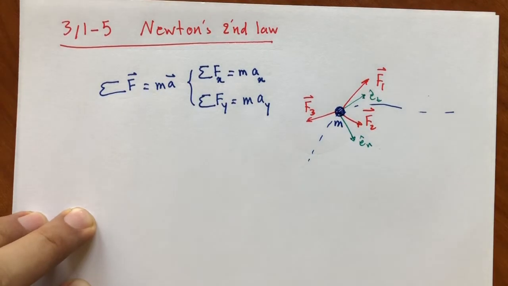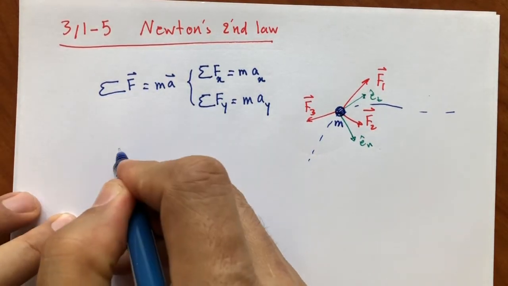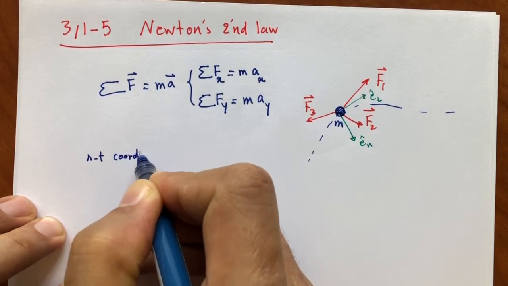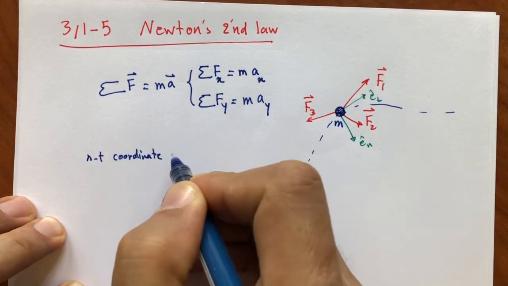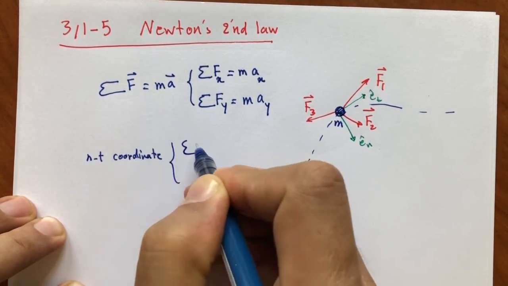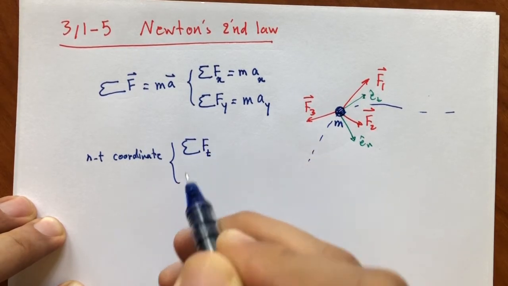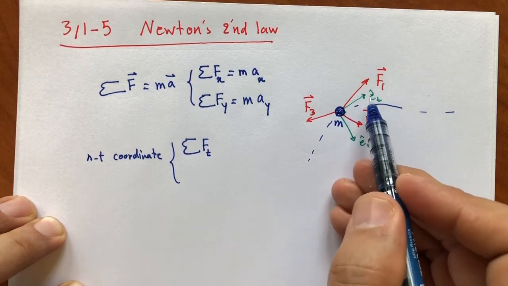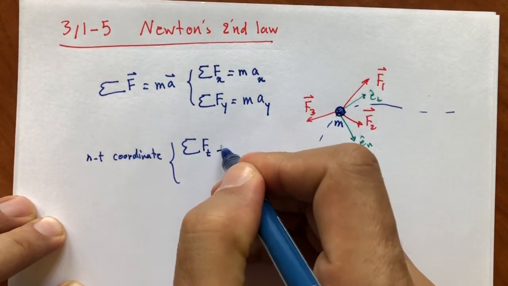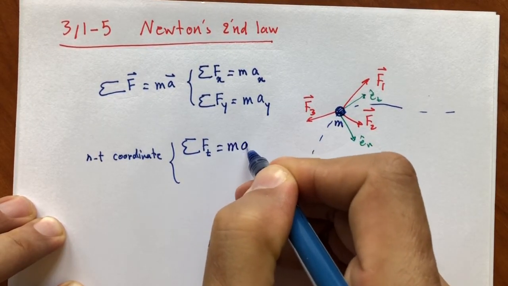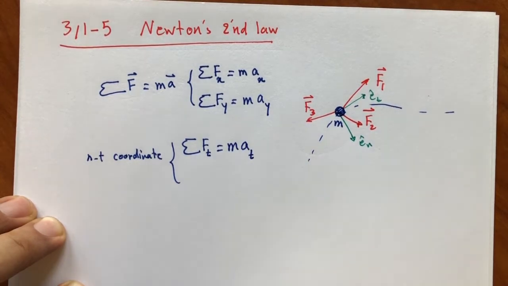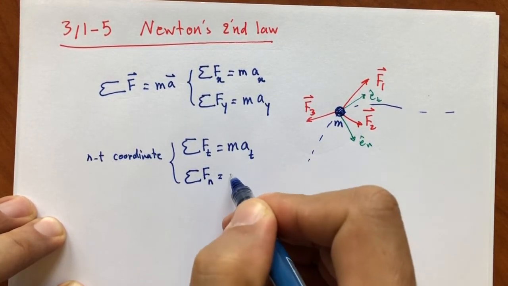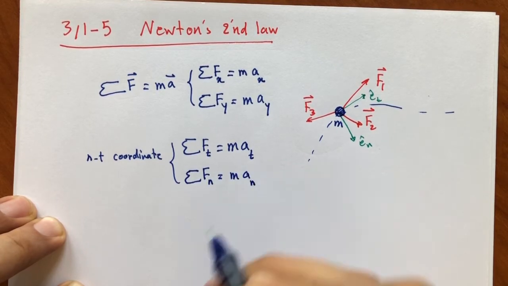You can write the sum of the forces in the tangential direction, which means components of all the forces in the tangential direction. If you add them together, it's going to be equal to the mass times acceleration in the tangential direction. Sum of the forces in the normal direction is equal to mass times acceleration in the normal direction.